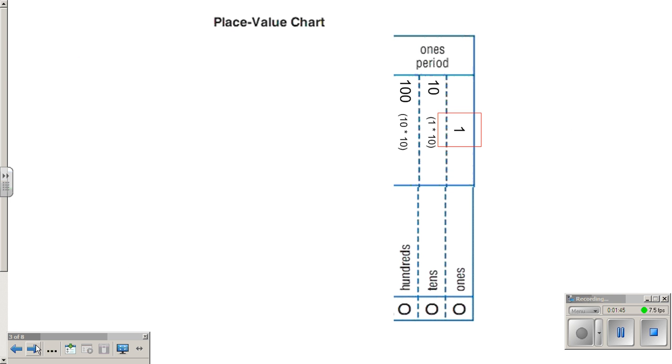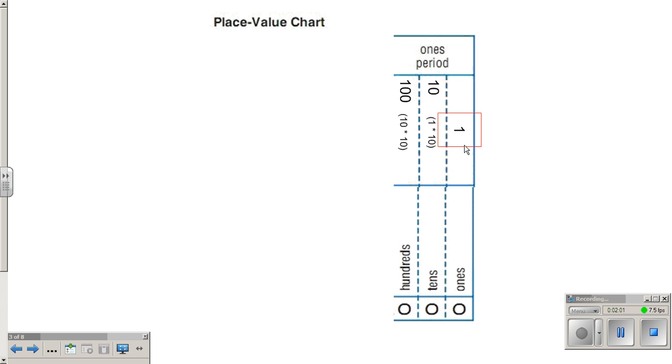So here's an example of our place value chart. Right here, I'm just showing the ones period. Each of the different sections of the place value chart is called a period. We have our ones column, our tens column, and our hundreds column.